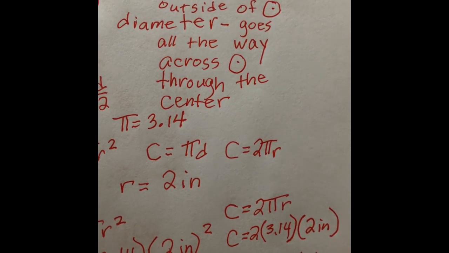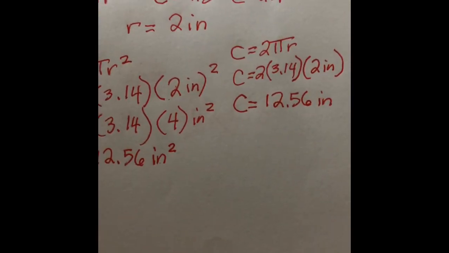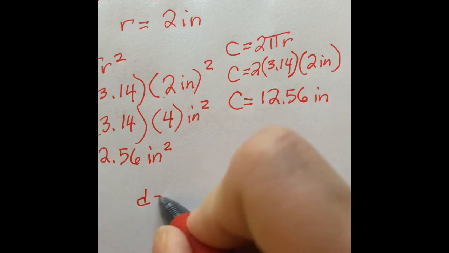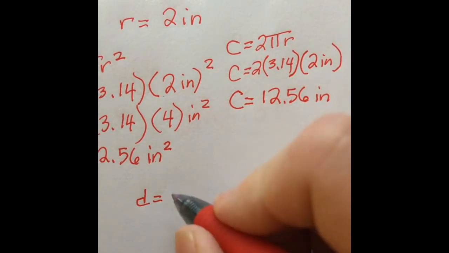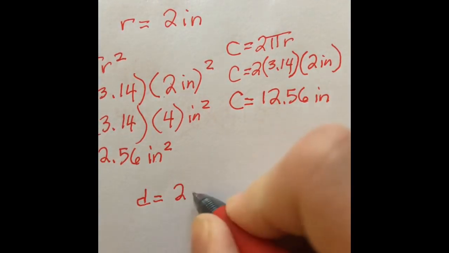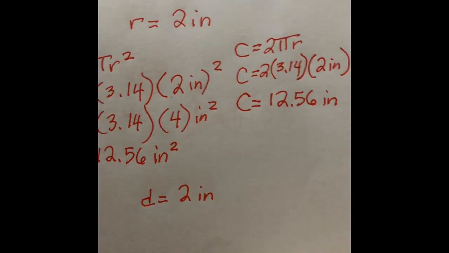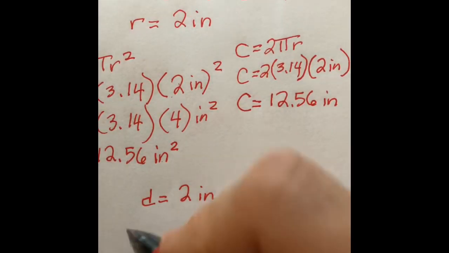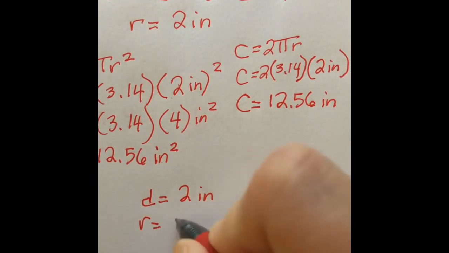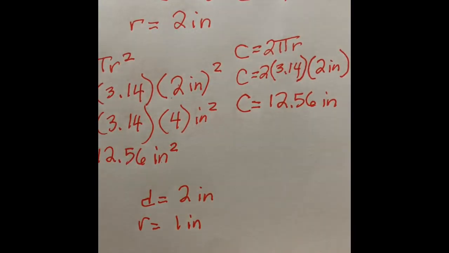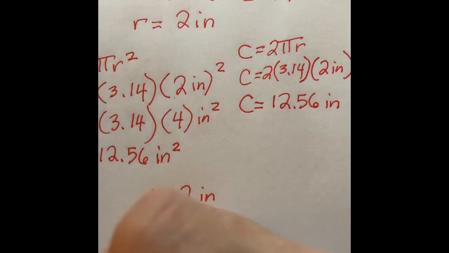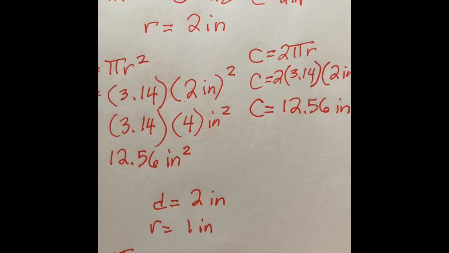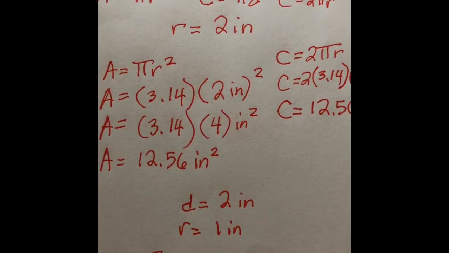Now, let's try one more of these. If I gave you the diameter, if I said diameter equals 2 inches, now the radius is going to be half of that. So radius, I know, is 1 inch. If I find my area, I write down my formula, area equals pi r squared.